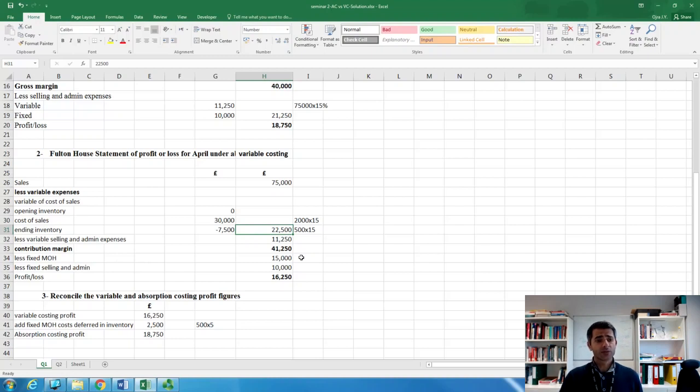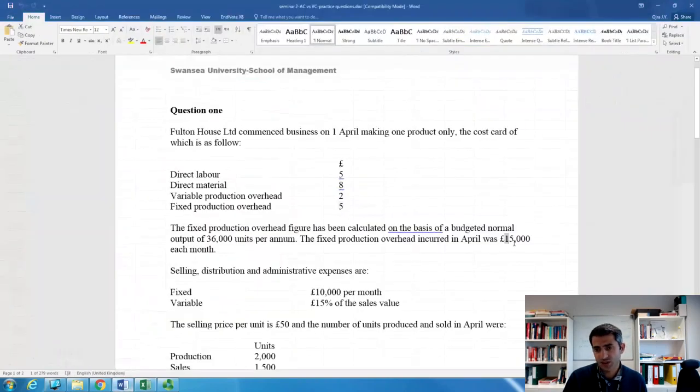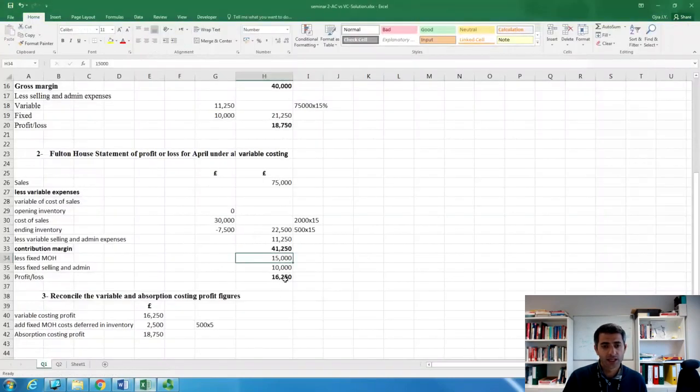Okay, so now what the end here for variable costing is, you need to deduct the fixed manufacturing overhead, if you remember, which is 15,000 pound. If you look at the question, it is 15,000 pound, and also you need to deduct the fixed selling and admin, because we did say that under period cost we include all the fixed elements here, including the manufacturing overhead and also the fixed selling and admin.